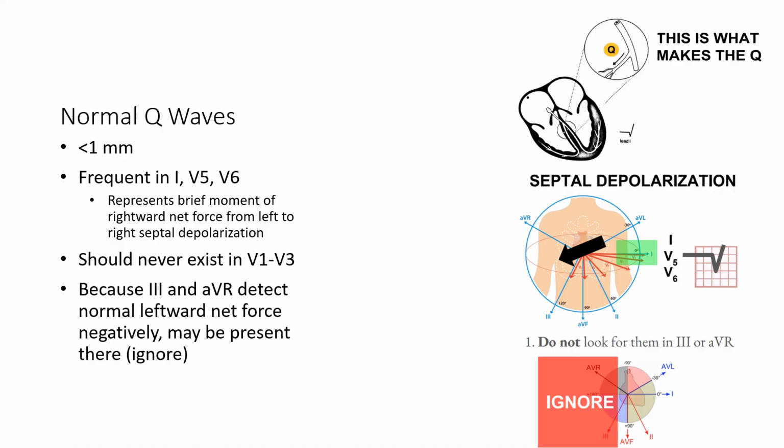So it's frequently common to see Q waves in 1, V5, and V6, and they're generally less than a millimeter. They generally never exist in V1 to V3, so if you see them there, it may represent a pathologic condition. Now also remember, because 3 and AVR are detecting force moving leftward as negative, you can see Q waves in 3 and AVR.